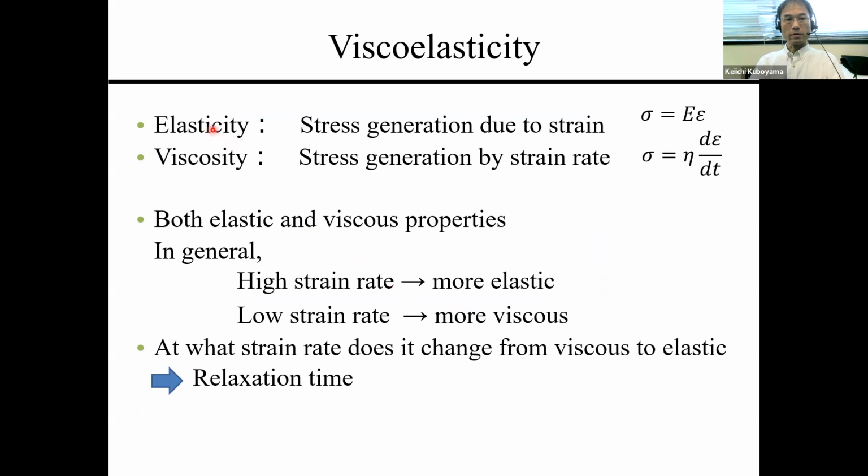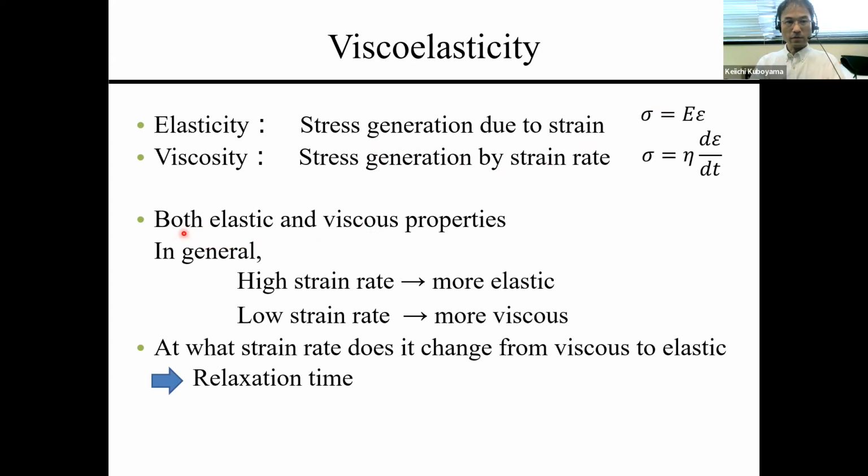So I explained that in the case of elasticity, stress is generated due to the strain, so stress and strain are proportional. But in the case of viscosity, stress is generated by strain rate. So stress is proportional to strain rate, and the constant is viscosity.